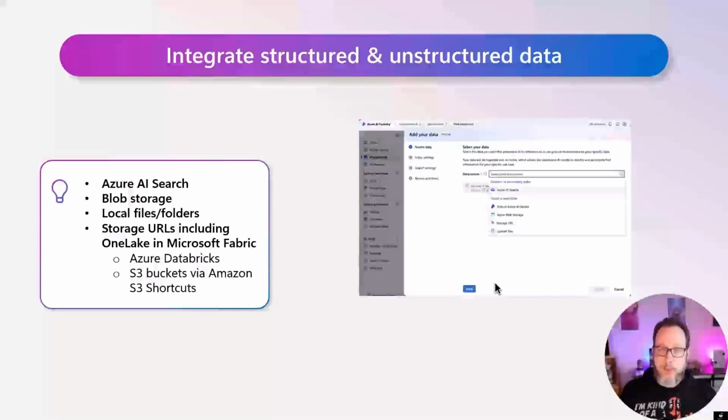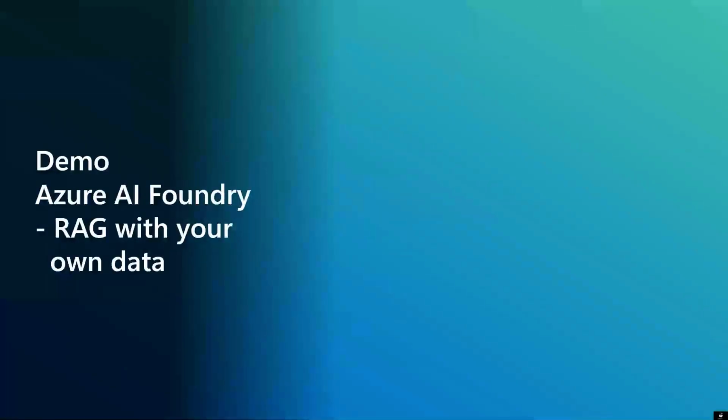And then once the indexing is done, your AI application will be able to respond to prompts in the same way you expect from your large language model, but now using knowledge coming in from your own data.